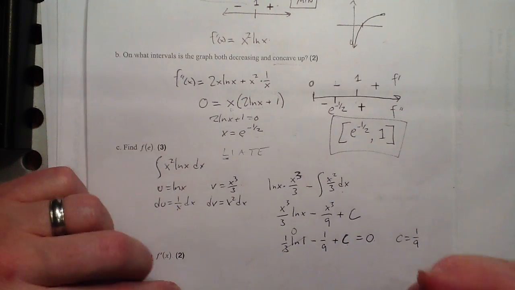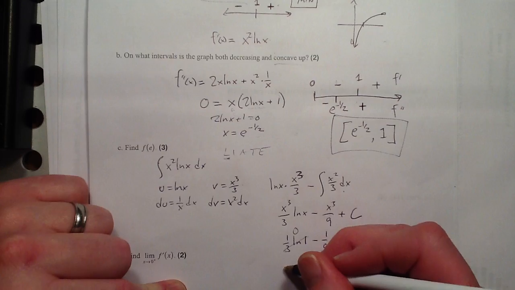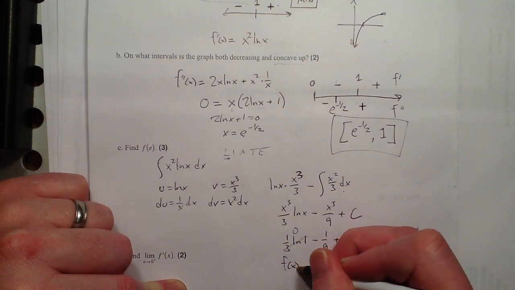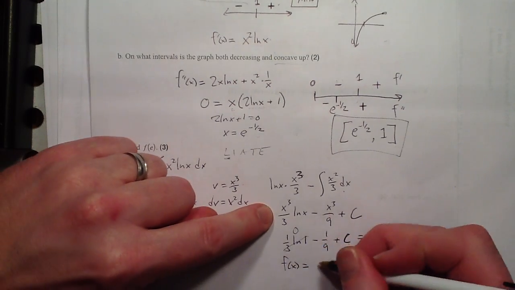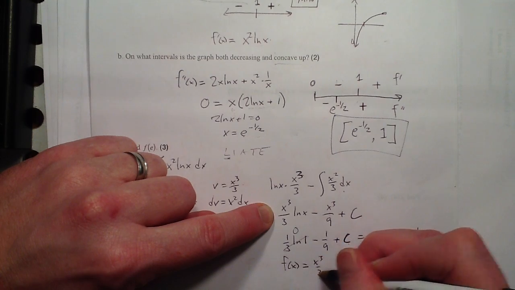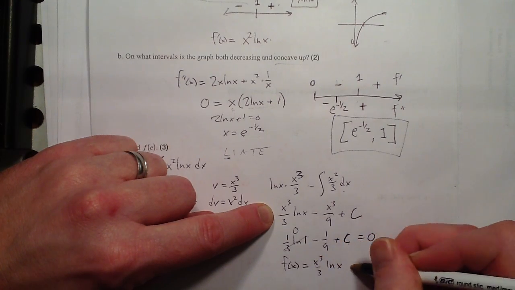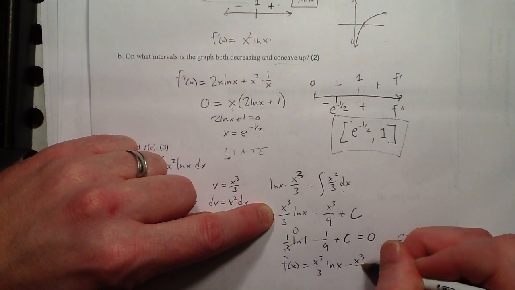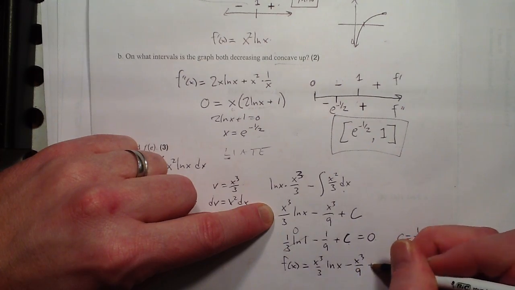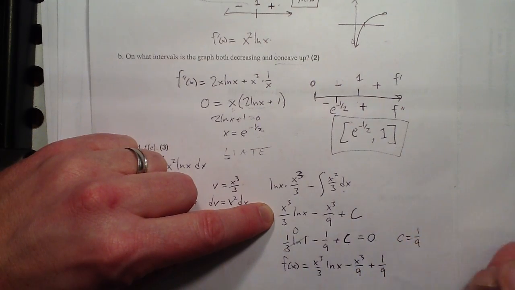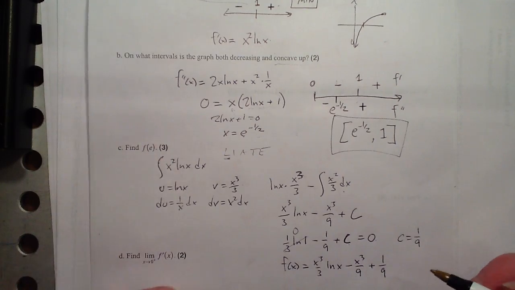That means my original function f of x is x cubed over 3 times the natural log of x minus x cubed over 9 plus 1/9. And they want to know what's f of e.